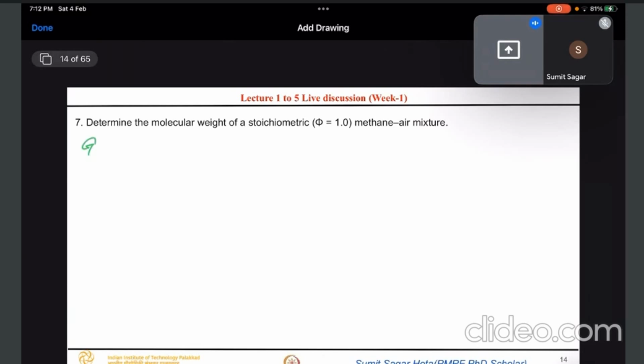What is given? Stoichiometric mixture of methane.